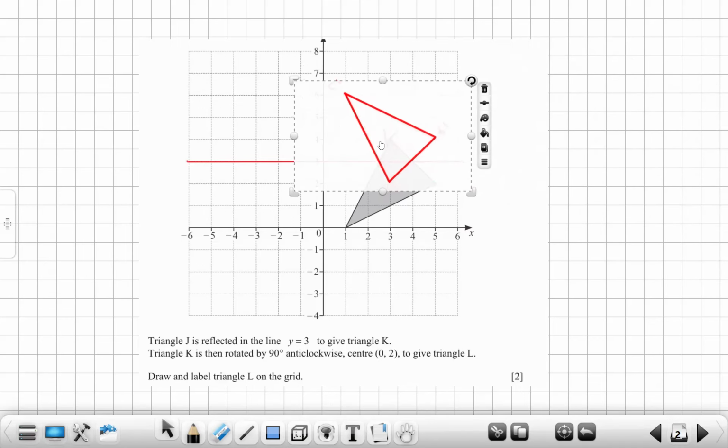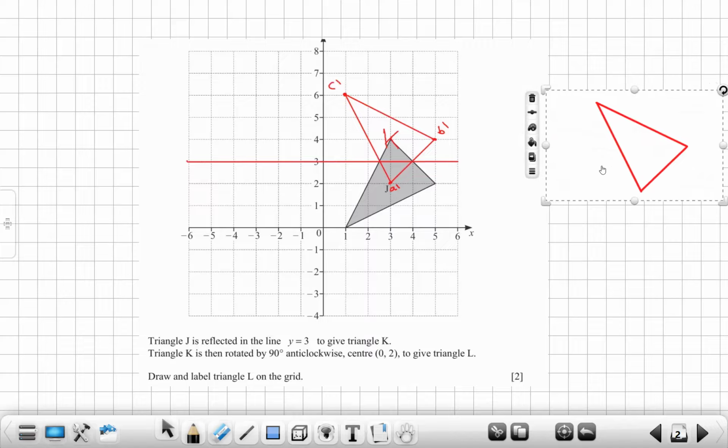Put the tracing paper over it, hold your pen and put it over 0, 2, which is the center of rotation. Putting your pencil over 0, 2, you then rotate it 90 degrees anti-clockwise.